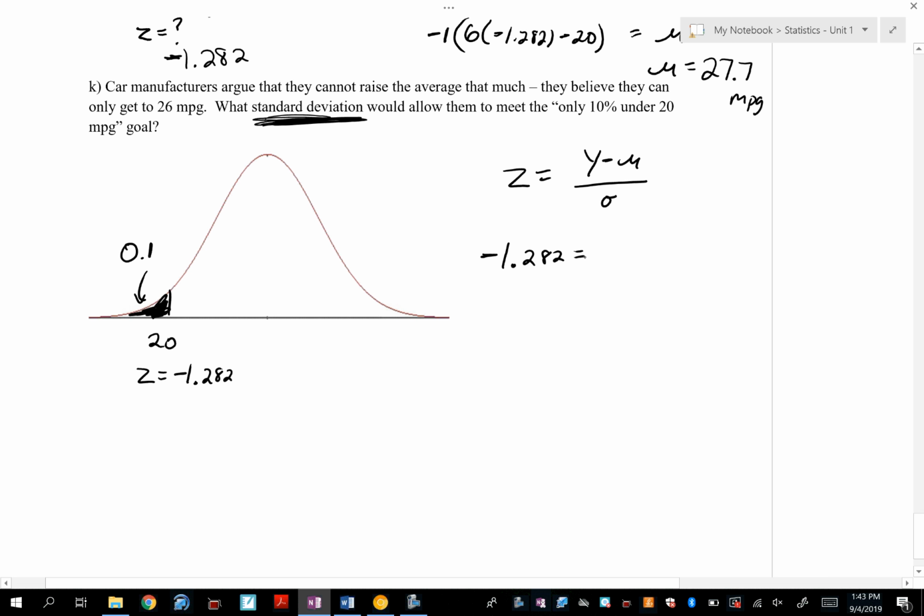And those are linked, right? 20 and this Z-score are linked. So if I write the Z-score for 20, what's going in Y? 20, because they're linked. What is the mean that the manufacturers say they can attain? 26. So that is our new mu of 26. Over, and here's where we had 6, but now they're saying, what standard deviation do you need now?